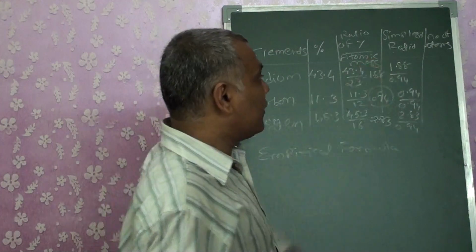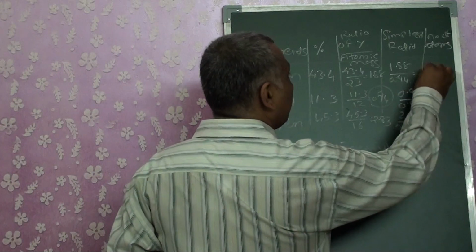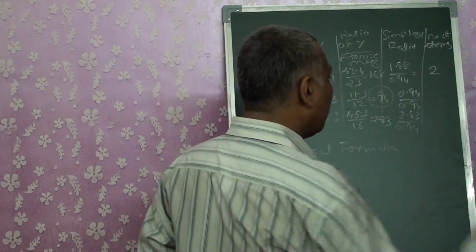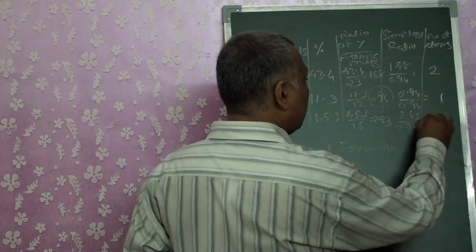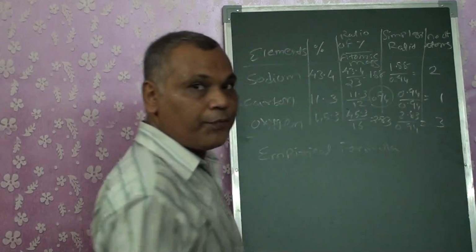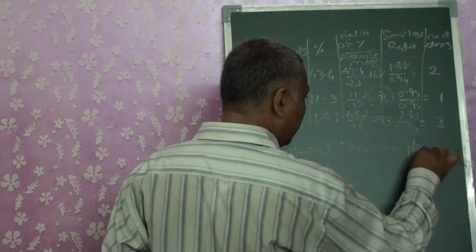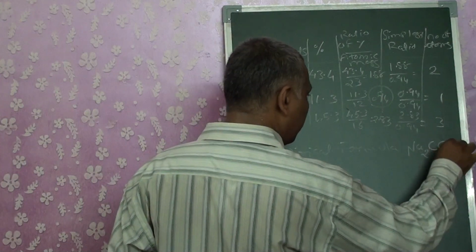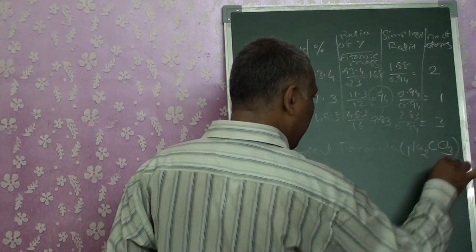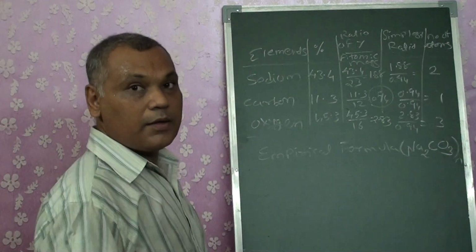Now if we go for the division, what are we going to get? 2, here 1, here 3. So what is the formula we are going to get? It is Na2CO3, the whole thing n times.